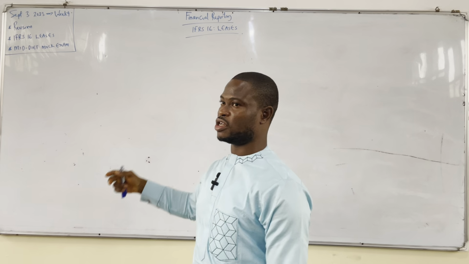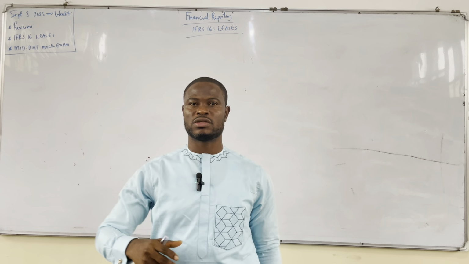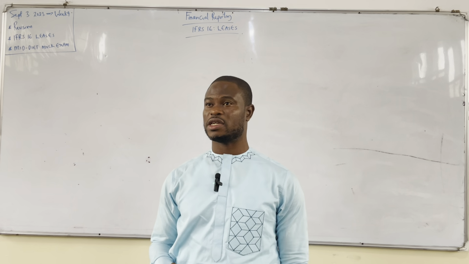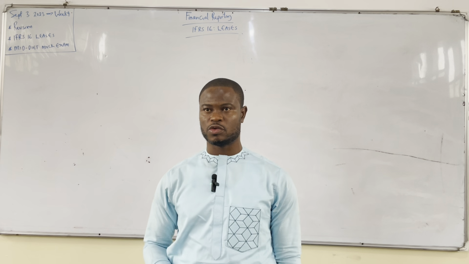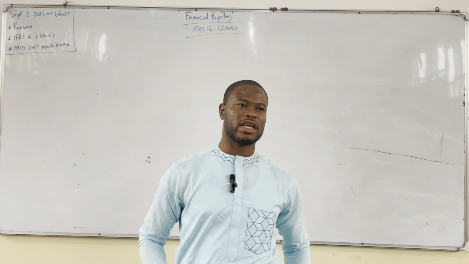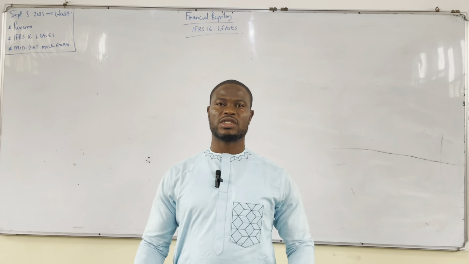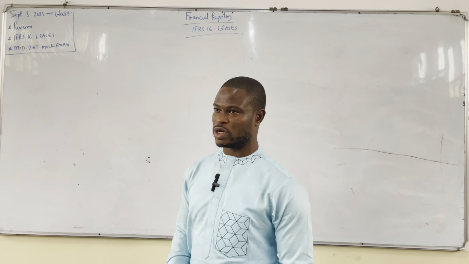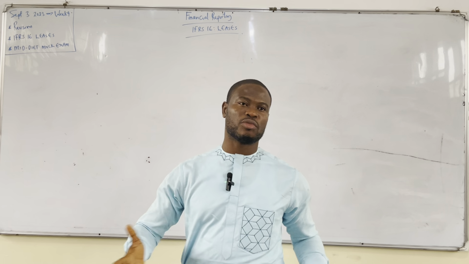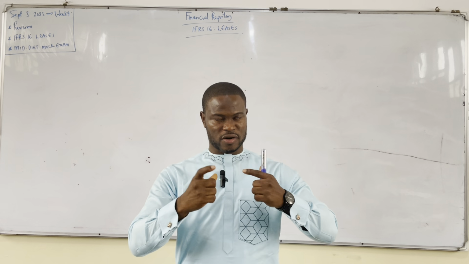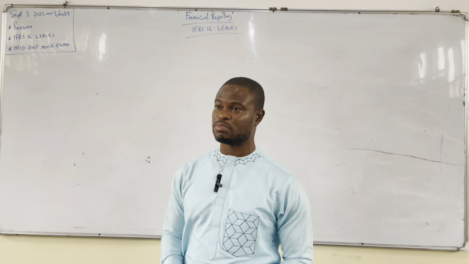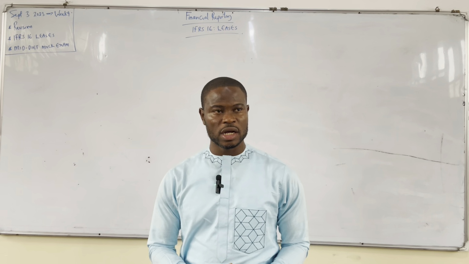What we are having today is also sitting on principles like that of IAS 16, and going forward you will see. Then we went on to IAS 38 that deals with intangible assets as well. That didn't take us so much time because it has almost similar principles with that of IAS 16.